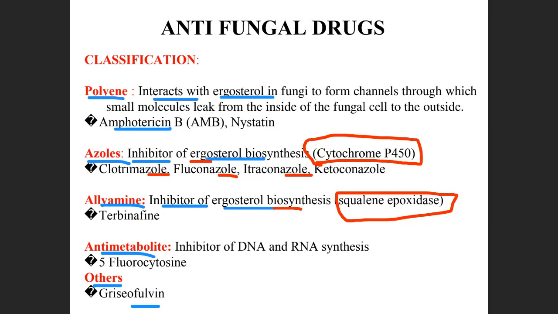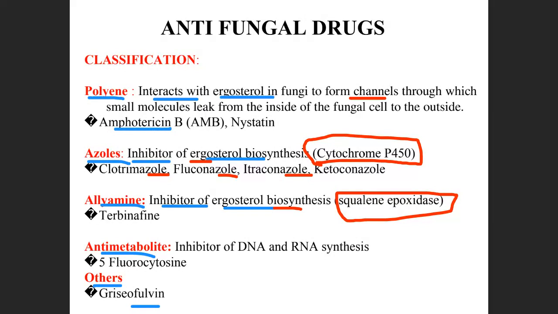They interact with the ergosterol and form channels through which small molecules leak out of the fungi. So these drugs, Amphotericin B and Nystatin, are basically rupturing the cell membrane of the fungi by interacting with the ergosterol.